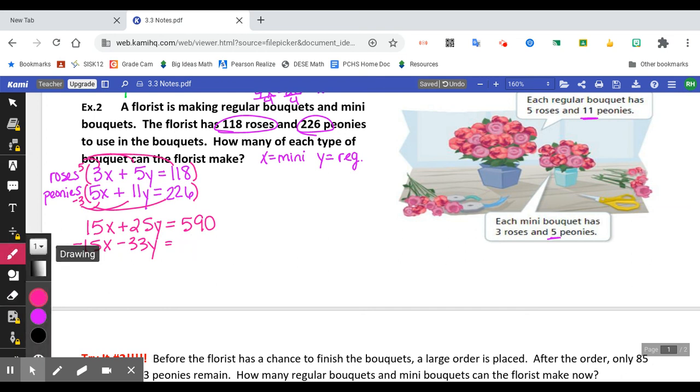Goodness, I'm making a lot of mistakes tonight. Okay, one big addition problem. These are gone. I have negative 8y equals negative 88. So y equals 11.